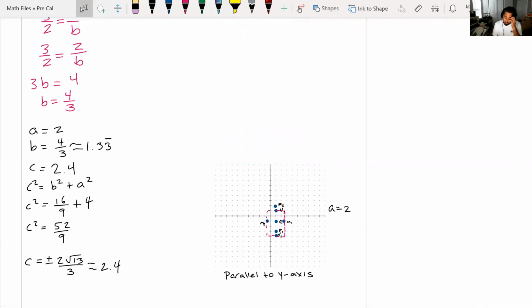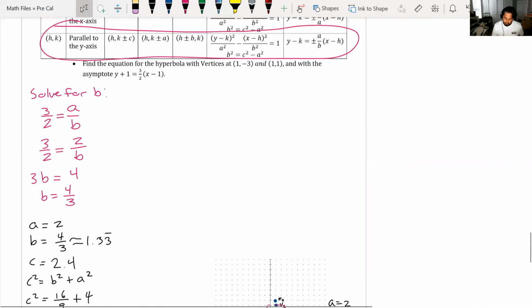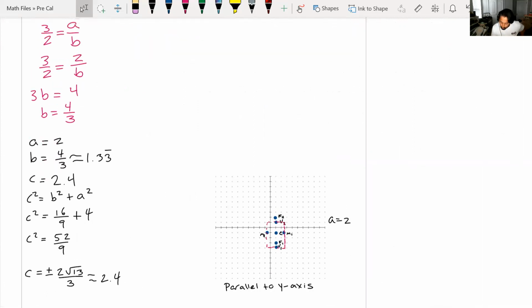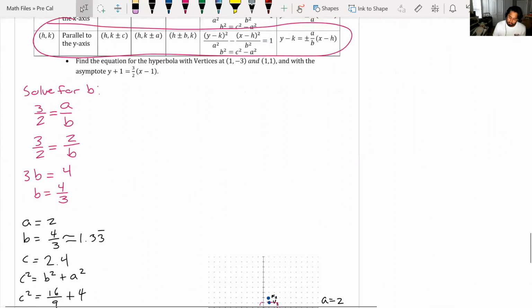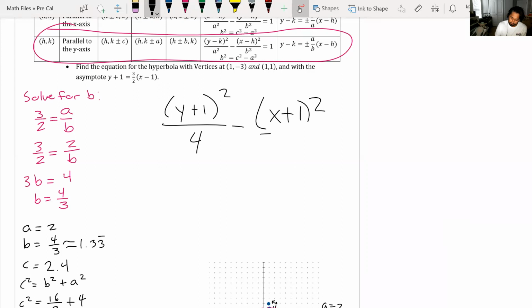Okay, put it all together. We have all the information we need. We know our center is at (1, -1). So if we put this formula together, we're going to have (y plus 1) squared over a squared, which is 4, minus (x plus 1) squared, or is it minus 1?